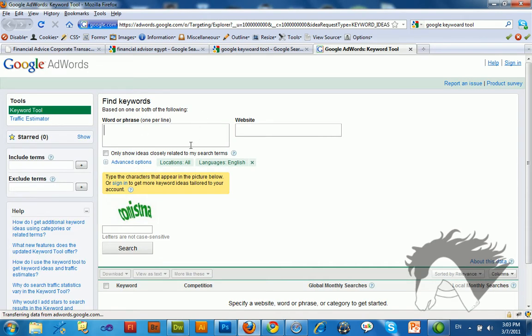This is a Google tool that tells us how many searches are performed for a specific keyword. So we're going to find a popular keyword that's related to the industry and services Fact is offering, and optimize the website for it. Let's find out about financial advisor.